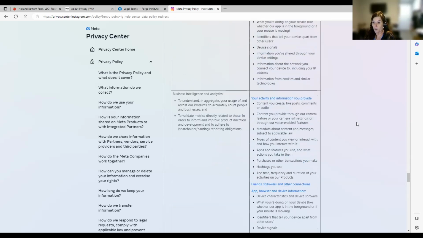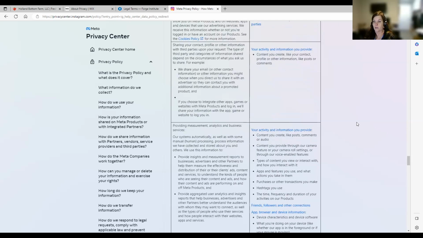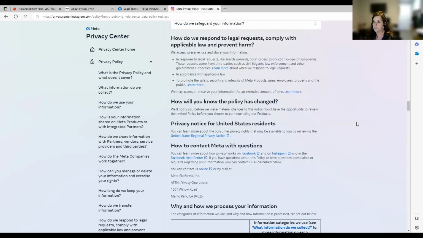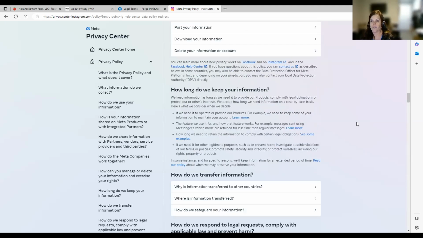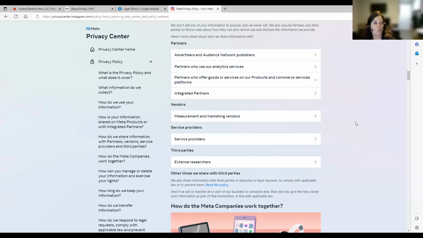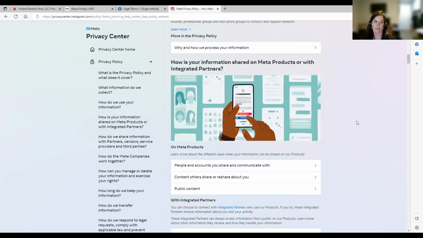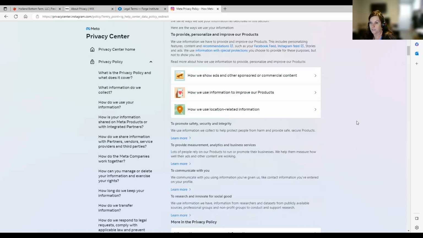But for the most part, their privacy center has a very detailed section on what they are collecting. So can anyone tell me what personal information is being collected when it comes to Instagram?